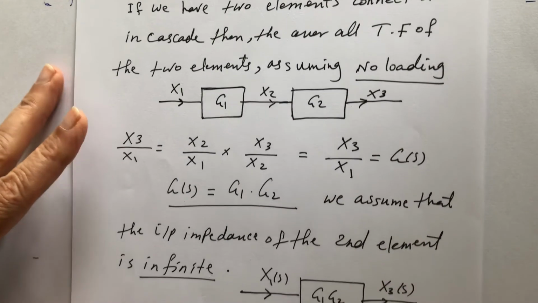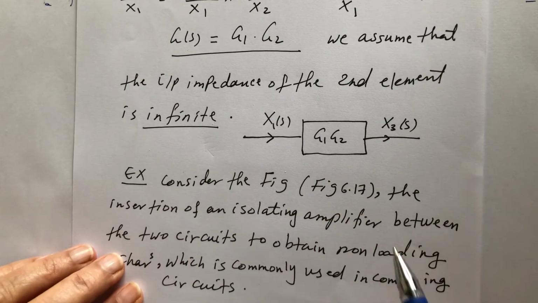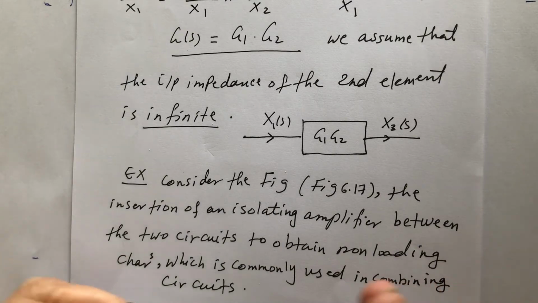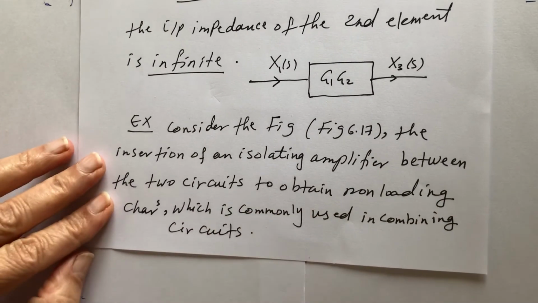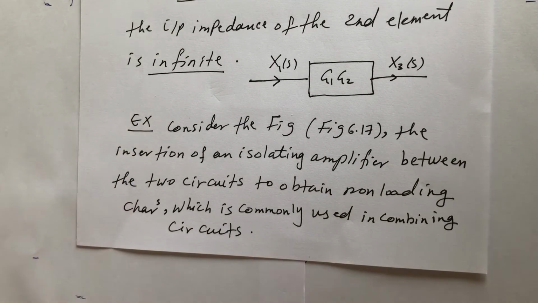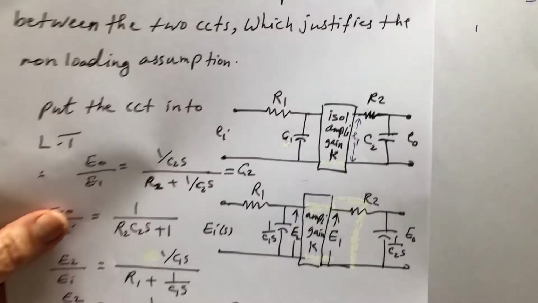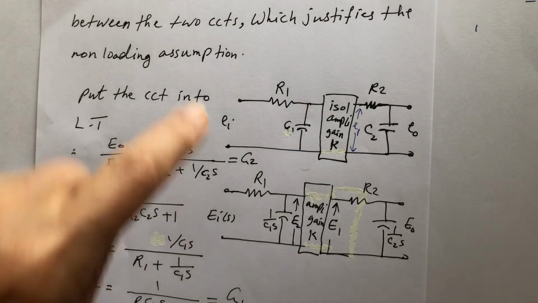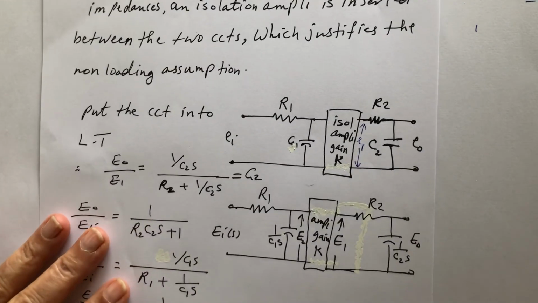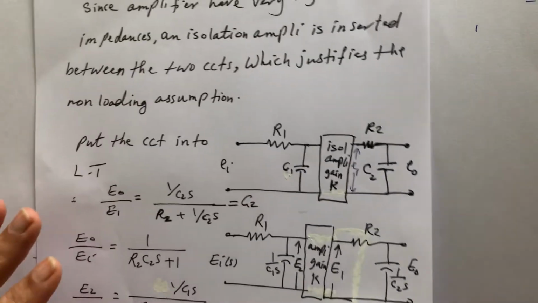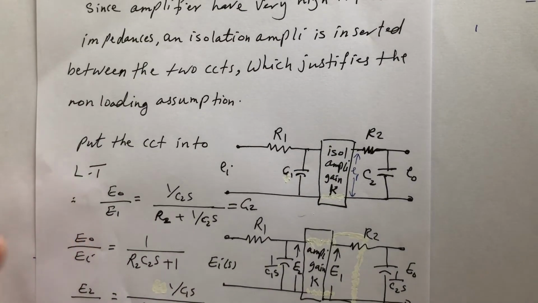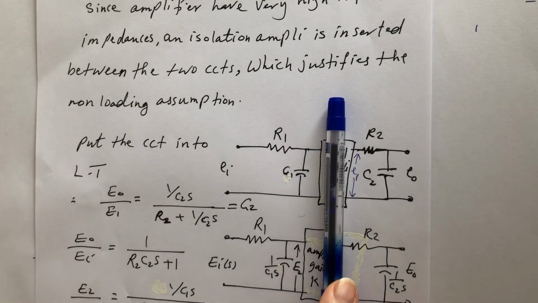Is that clear? In circuits, loading is treated by buffering. How? I'll show you the next circuit. Let's say I have this circuit, and I didn't put an isolating amplifier.